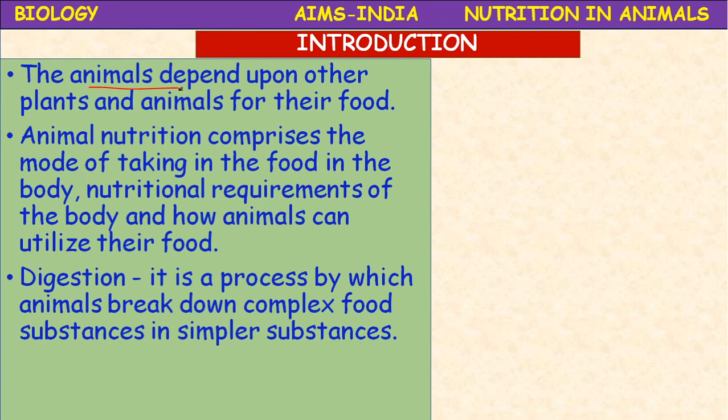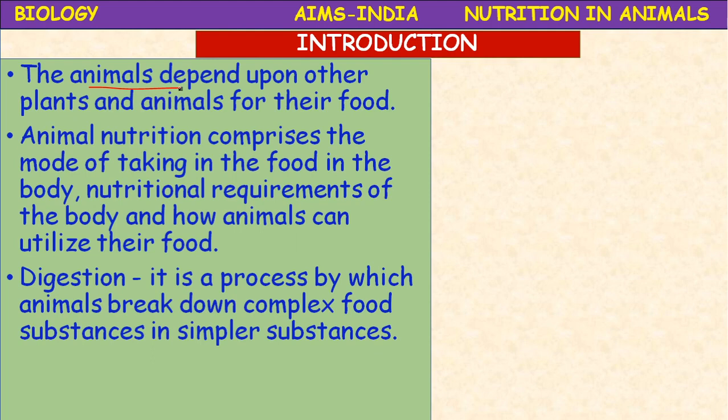So, digestion. What is digestion? Digestion is a complex process by which animals break down complex food substances into simpler absorbable substances.